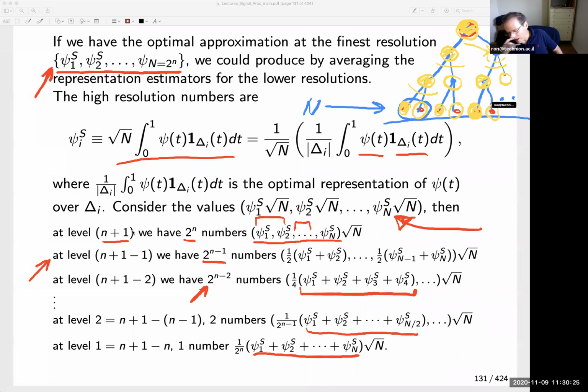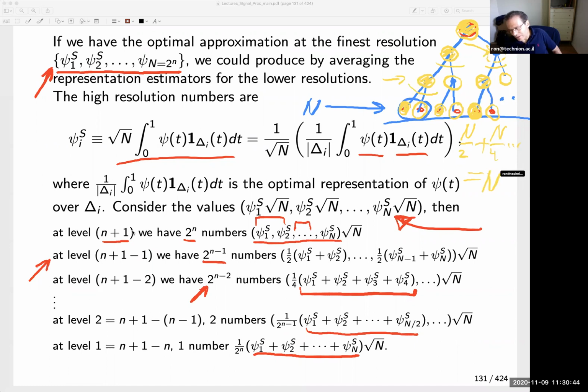And at the end of the day, what you will see is that the number of coefficients that I would provide at the end would be n divided by 2 plus, here I need only half of the coefficients, n divided by 4, etc., etc. At the end of the day, it would converge to n minus 1 or something like that.